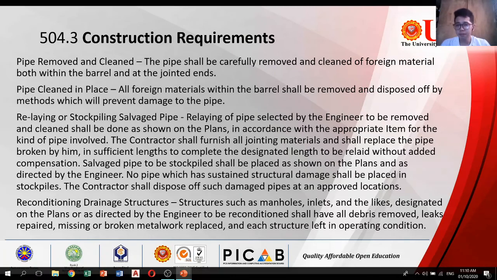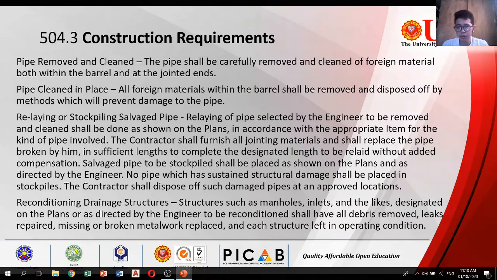Relaying or stockpiling salvage pipe. Relaying of pipe selected by the engineer to be removed and cleaned shall be done as shown on the plans. In accordance with the appropriate item for the kind of pipe involved, the contractor shall furnish all jointing materials and shall replace the pipe broken by him in sufficient lengths to complete the designated length to be relayed without added compensation.